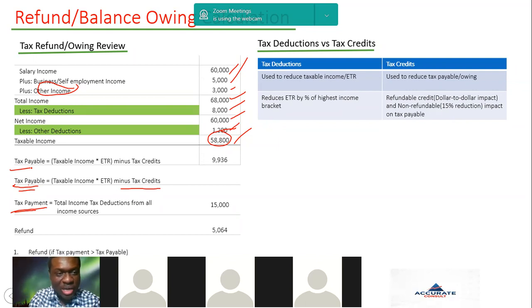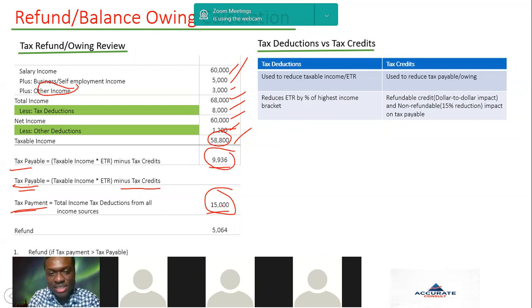In this scenario, the tax payable is 9,936, while the tax payment was 15K. So this person paid more than what he or she should have paid. This is the total amount that was deducted at source, and this is what he should have paid based on the taxable income and the tax credits.